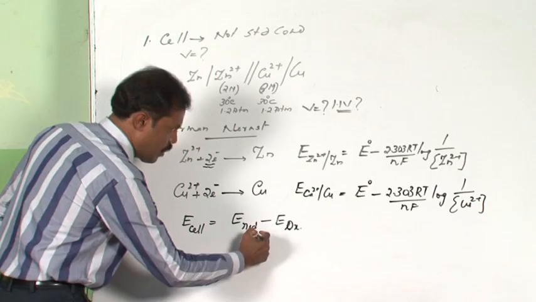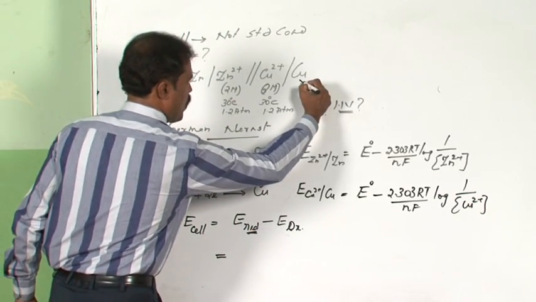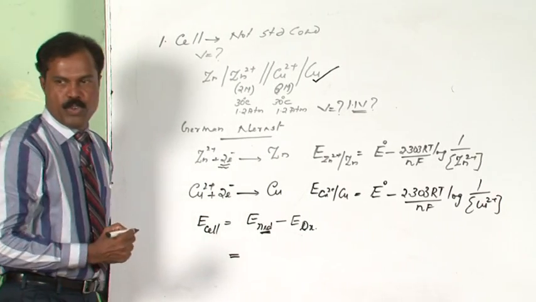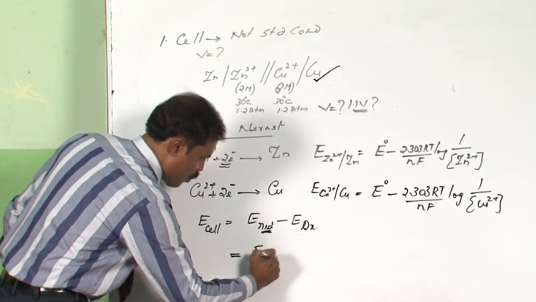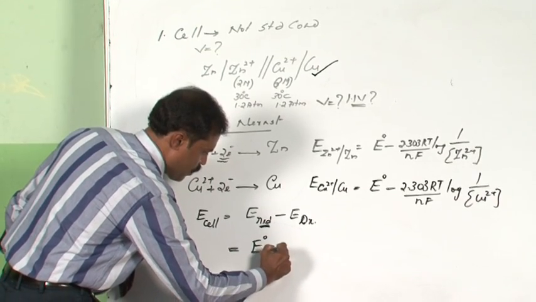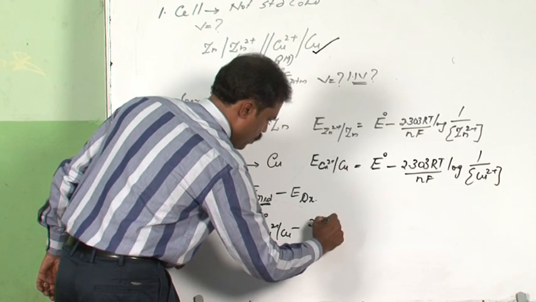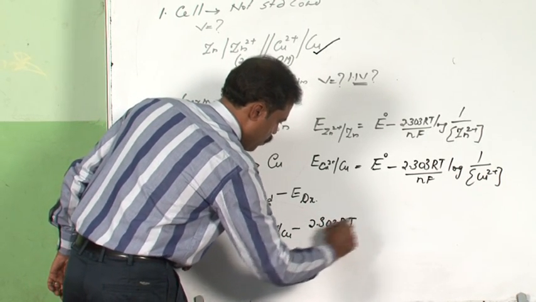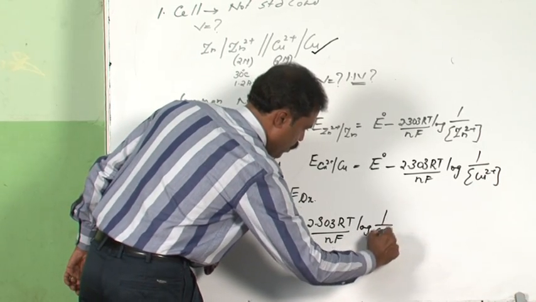EMF of the reduction half in this particular case is the Cu2+/Cu electrode, which is on the right hand side. So we substitute E0 of Cu2+/Cu minus 2.303 RT divided by nF log of 1 by Cu2+.